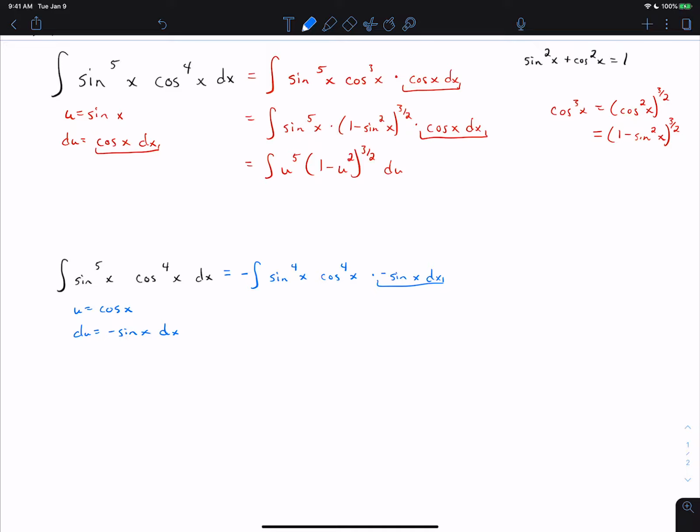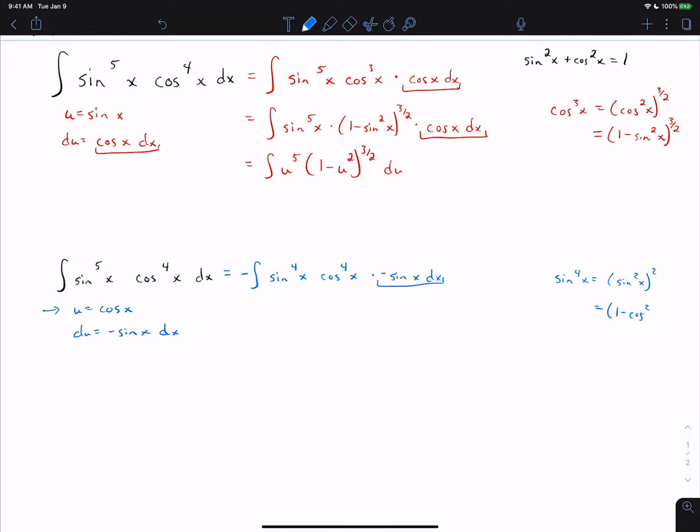We want to now rewrite everything in terms of u, which is cosine. So sine to the fourth needs to be rewritten in terms of cosine. We can think of that as sine squared x squared. Sine squared is 1 minus cosine squared because of the identity at the top of the screen.